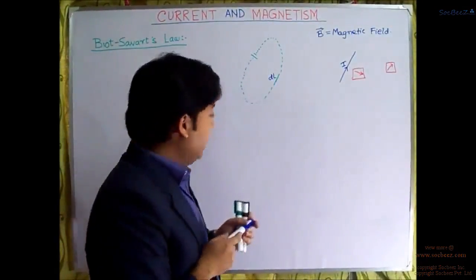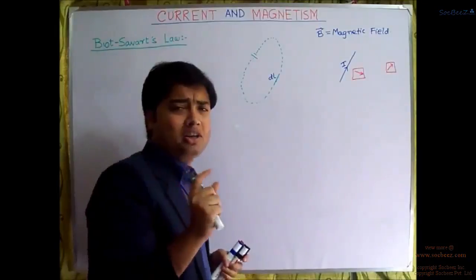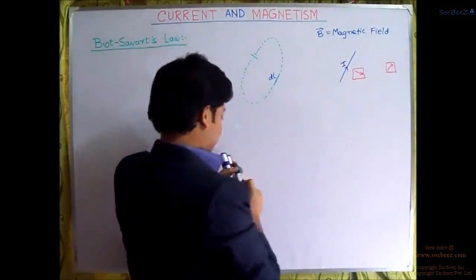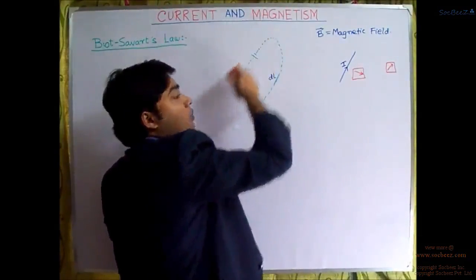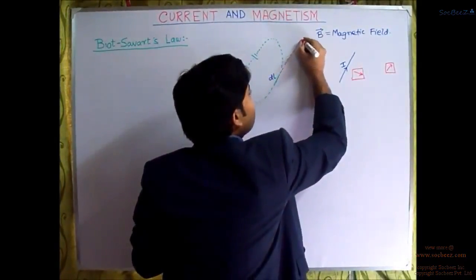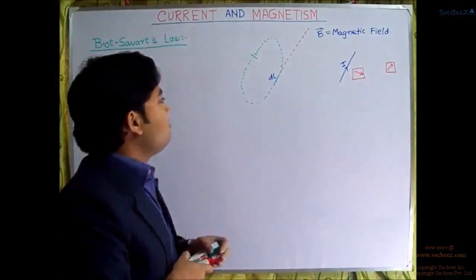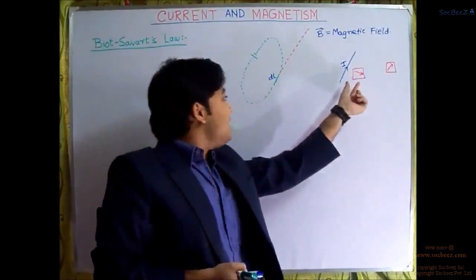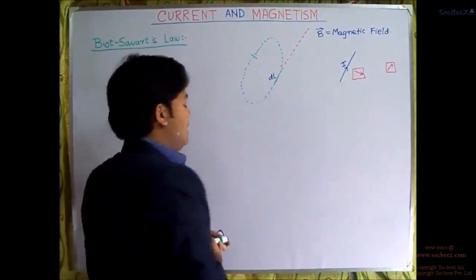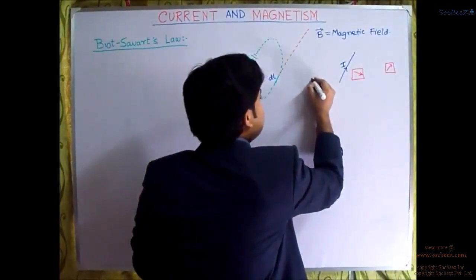If we take this small piece of current carrying conductor, where current is flowing through it in this direction, and forget about the other parts, this dl will look like this. And this mariner's compass is at a point somewhere nearer to this. So we can place a mariner's compass over here, at this particular point.